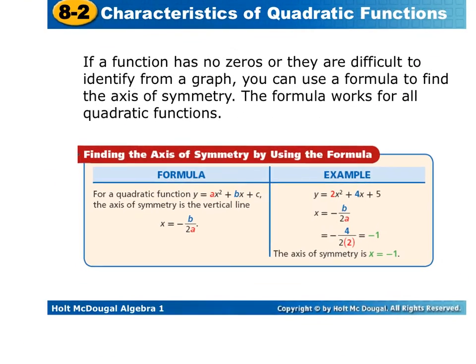Okay, finding the axis of symmetry by using the formula. Before, to find the axis of symmetry, you were given a graph. Now you may only be given the formula or the equation. So the formula to find the axis of symmetry is negative b over 2 times a.